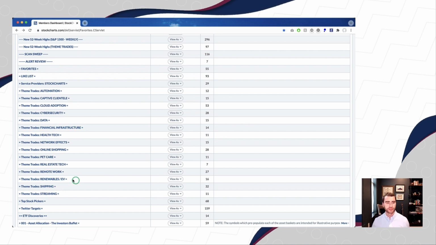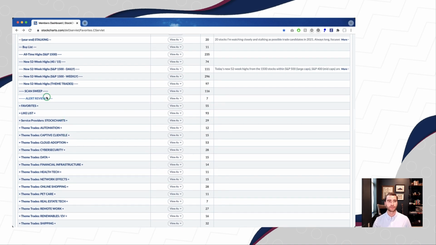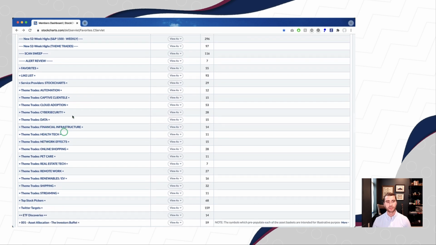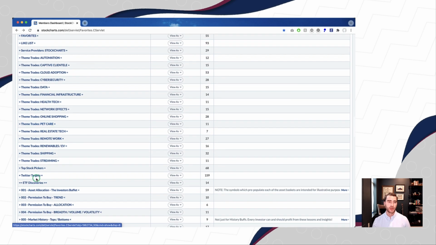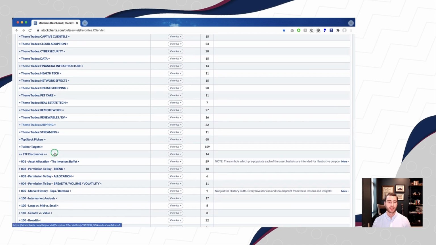Something like renewables and EV or remote work, any companies that stand to benefit from some of those big themes that you hear about in the market, I like to create a chart list in my account for that theme, and then track that over time. So you can see I actually have a list up here. I run scans after the close that scan all of these lists and look for new 52-week highs among those themes. So another interesting thing that I do, building off that same like list concept.